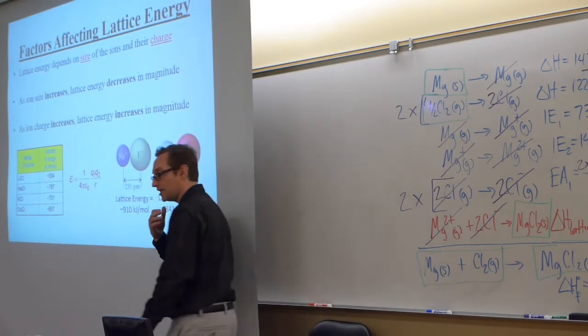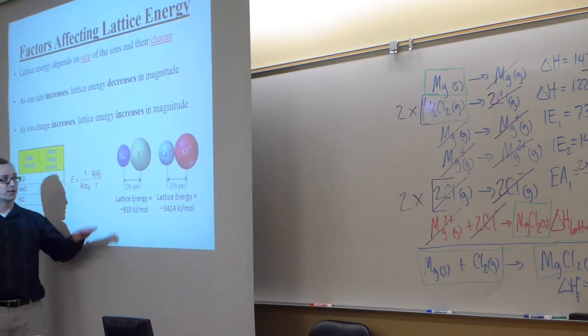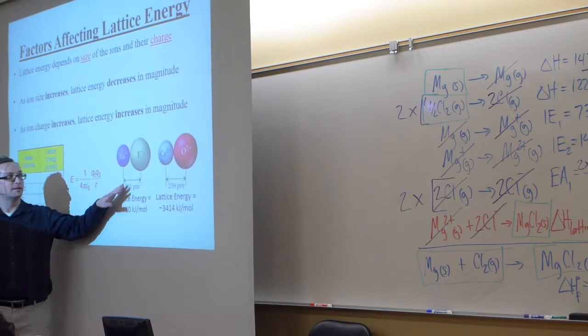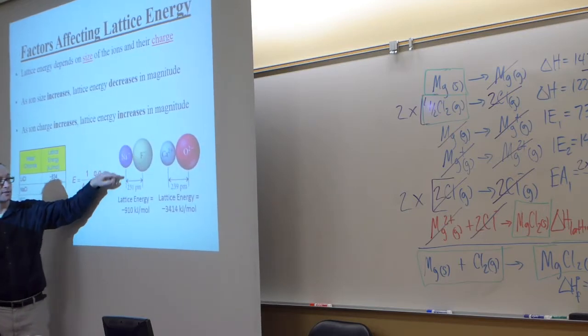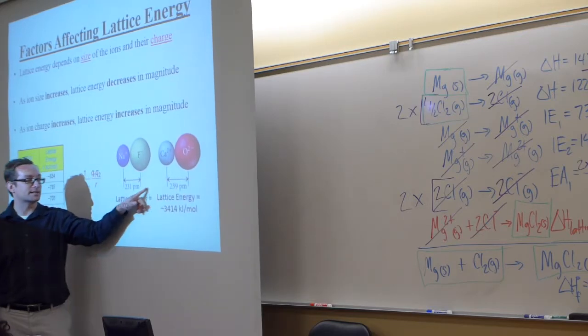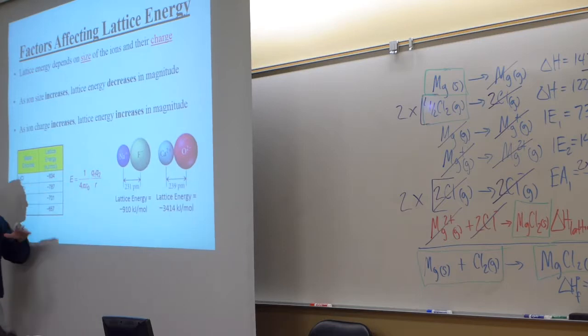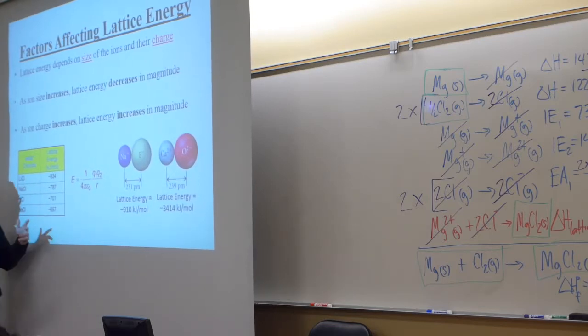On the other hand, what if the magnitude of the charge changes? Check out sodium fluoride and calcium oxide. They both have approximately the same distance between their nuclei. So now this isn't a matter of atomic size or ion size.